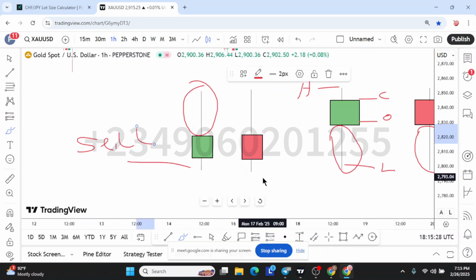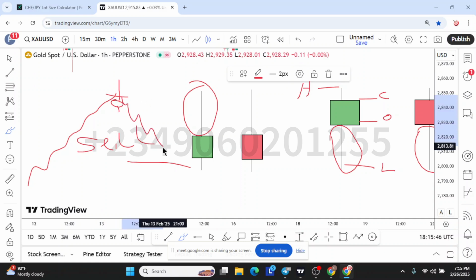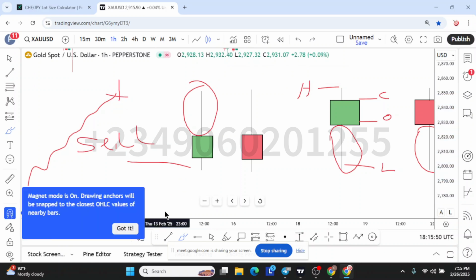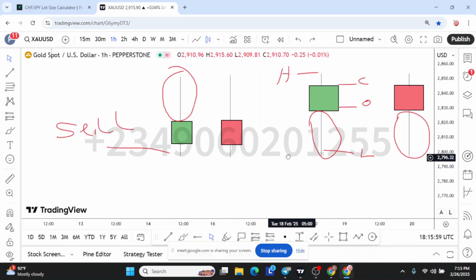When you see this at a resistance, meaning the market is pushing upward and it gets to an extreme point, and we see a shooting star, this is signaling that sellers are stepping in the market, and we might see a downward movement based on the shooting star formation. So that is the idea, that is the information behind the shooting star and pin bar.